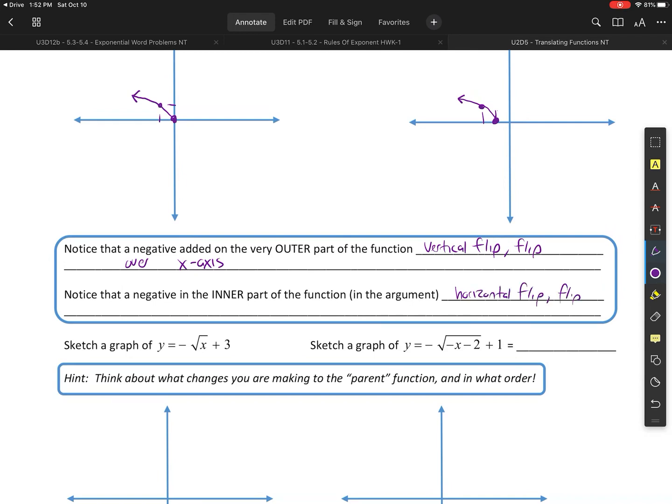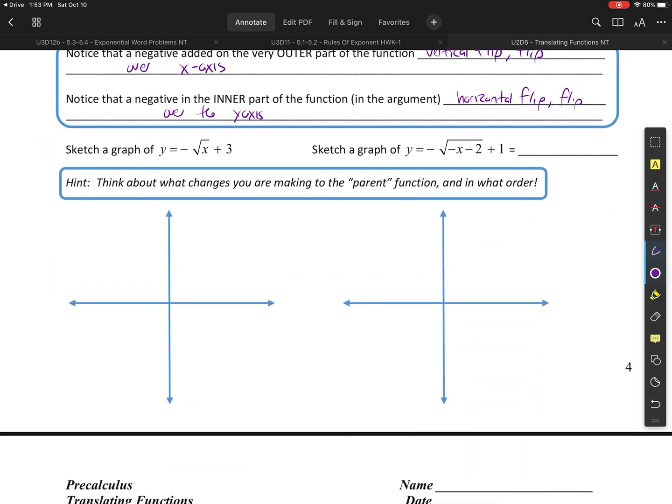And we flip over the y-axis. Now, when I talk about axis, I'm talking about the axis that goes through the vertex. We'll talk about that in a second.